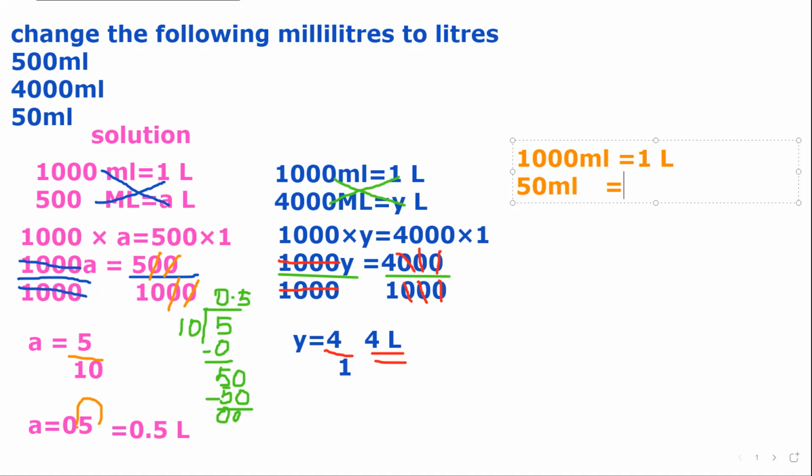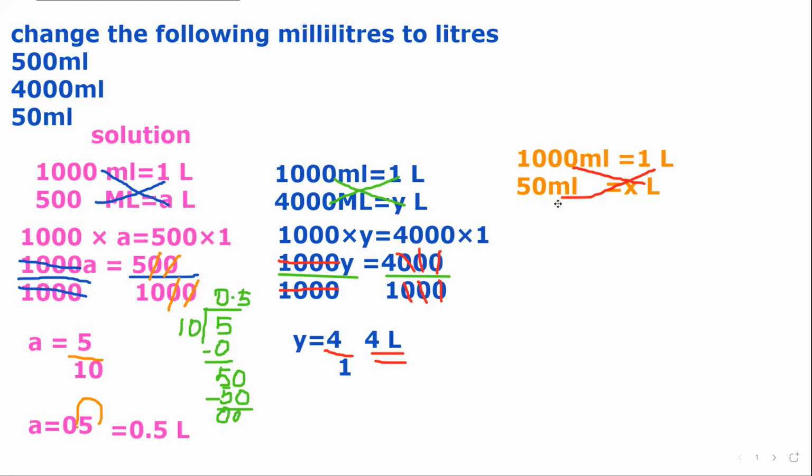So let's put the x. That's x letter to represent that. Then you do your cross multiplication. This one multiplies this, and this one multiplies that. Now always use the coefficient to multiply.